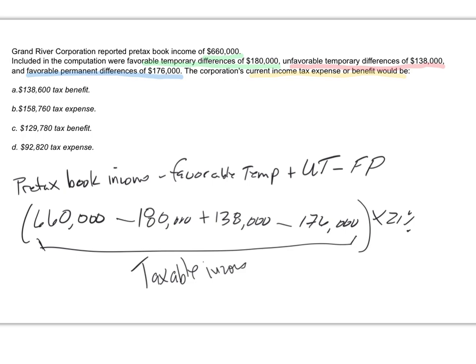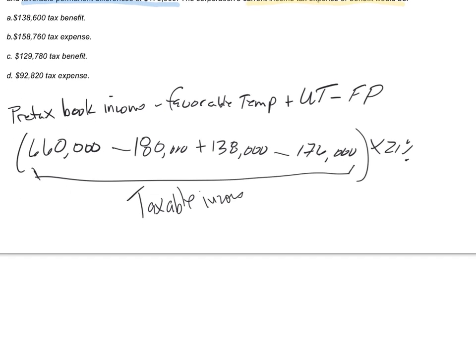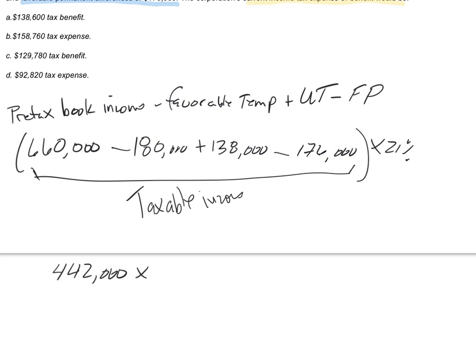When we multiply 442 times 21%, we get $92,820. And that is going to be tax expense.